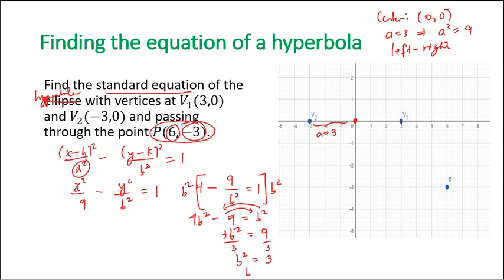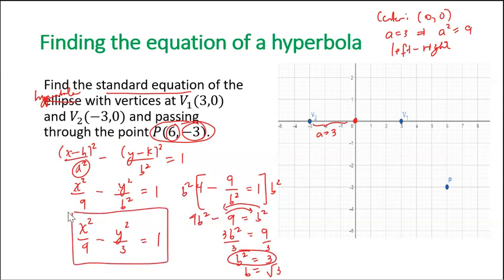So b is equal to square root of 3. Our equation will now be x squared over 9 minus y squared over 3 equals 1. And this is the standard equation of the hyperbola given the following conditions.